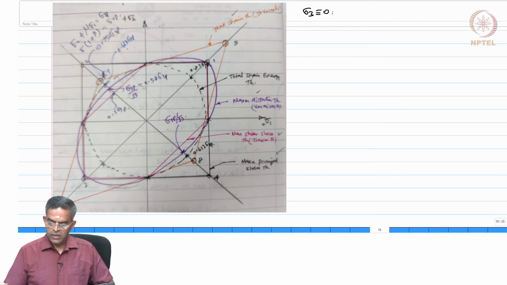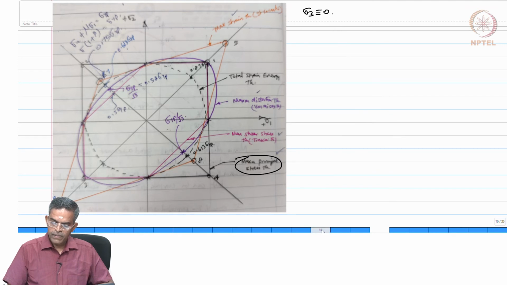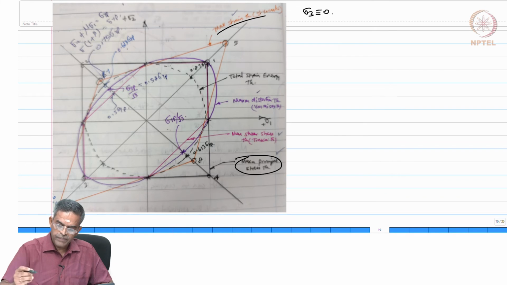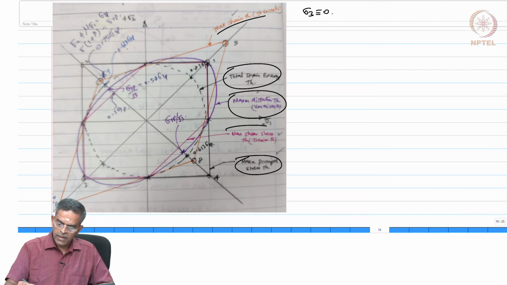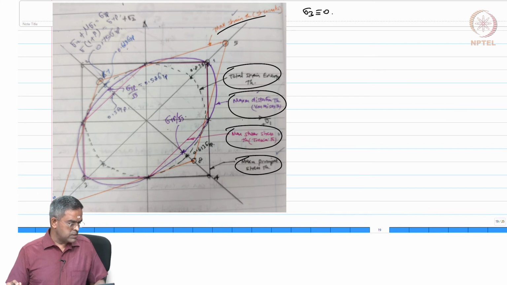So, all theories are there: maximum principal stress theory, maximum strain theory, total strain energy theory, von Mises and maximum shear stress theory. Okay, this is the plot you have obtained. Please turn back your notes and compare them. This is what we are getting. We can write down some important observations for this.